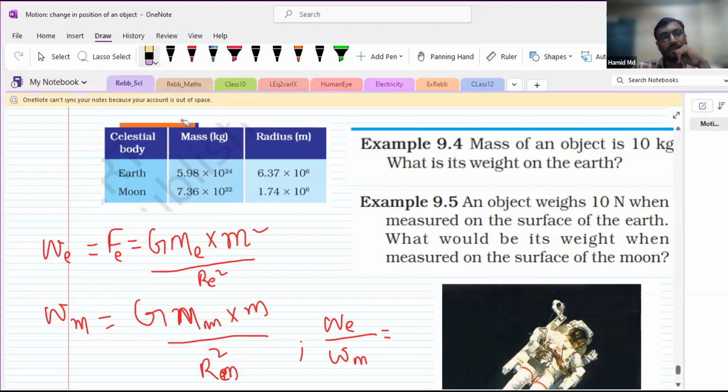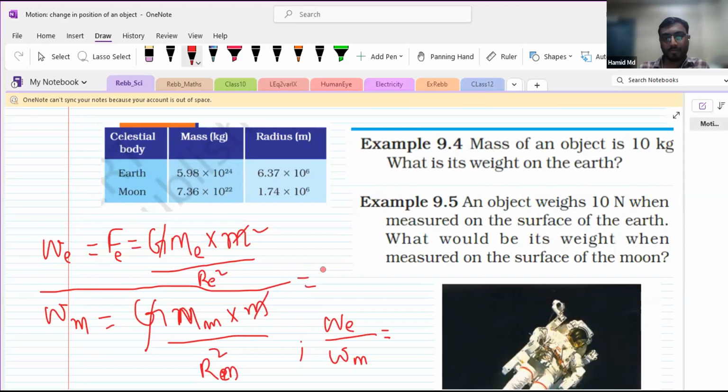So this page is visible to you? No issue? Yes, sir, it's visible. So what I'm doing, just see. We have to find W_E over W_M. So can we divide it like this? Now I will cancel this to this and this to this.